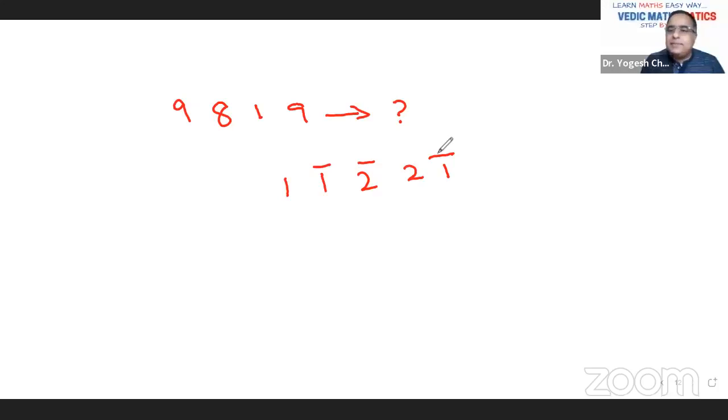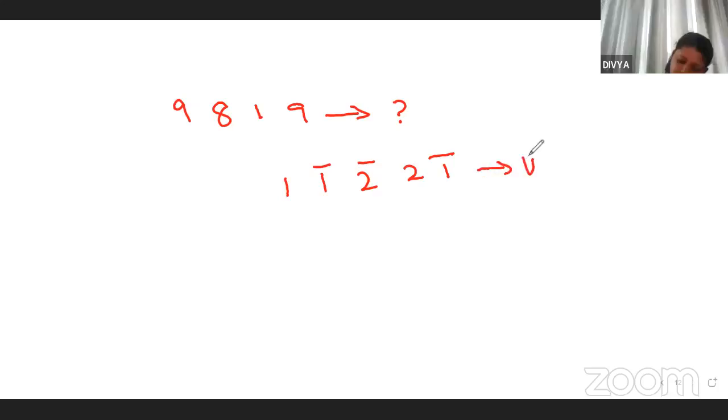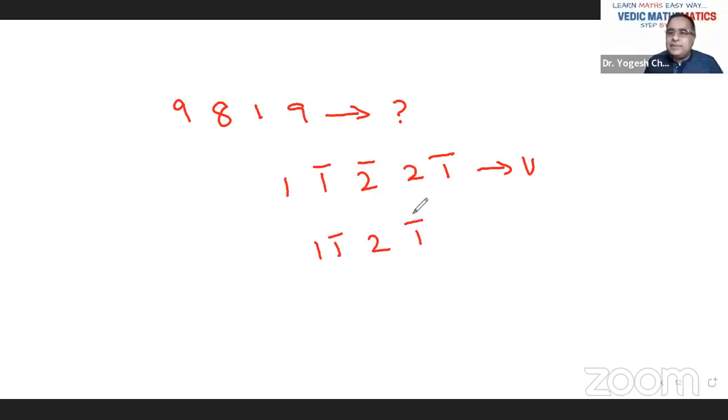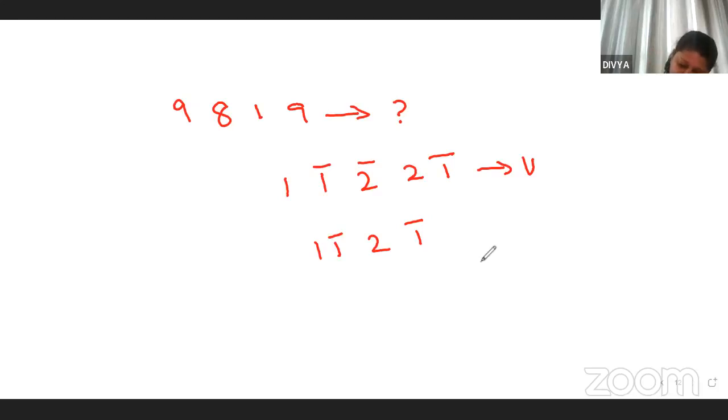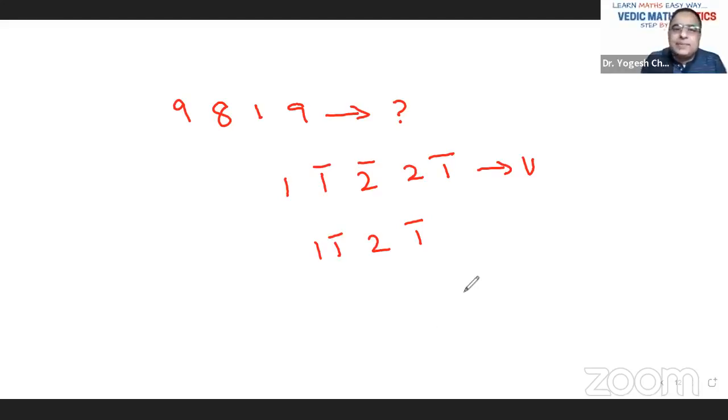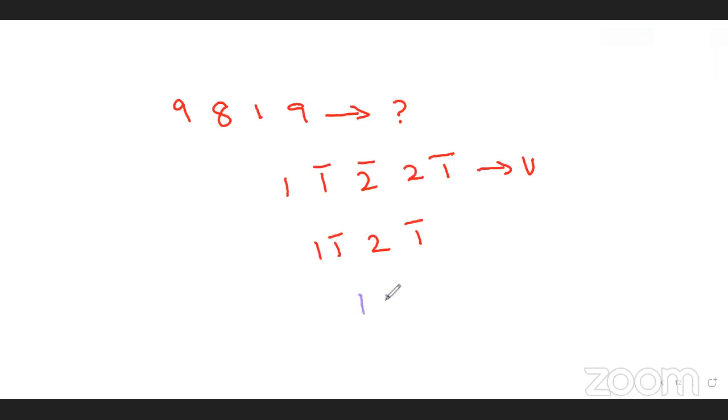Yes, Divya: 1 bar, 2, 1 bar. 2, 1, four digits, so we have to add 0 to it. Fatima: Sir, 1, 0, 2 bar, 2 and 1 bar.